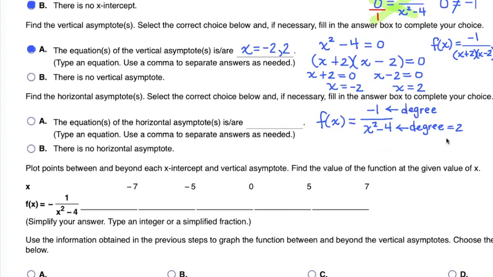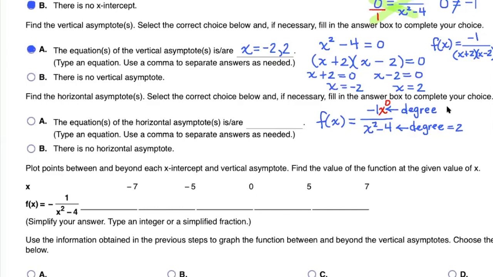When you don't have any x's there, that's the same as saying this is -1 with an x to the 0 next to it. So a little recap, anything to the 0 power is 1. 1 times -1 would keep my numerator -1. So this is an equivalent way to write the numerator where I haven't changed its value.